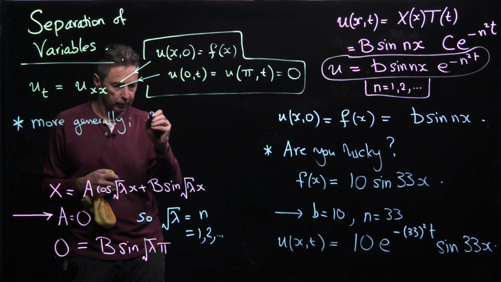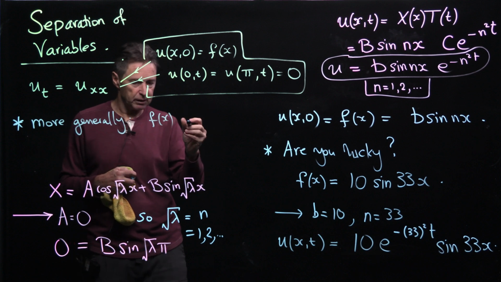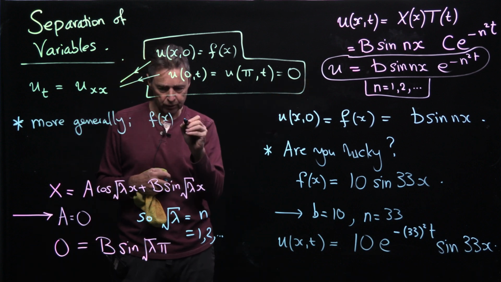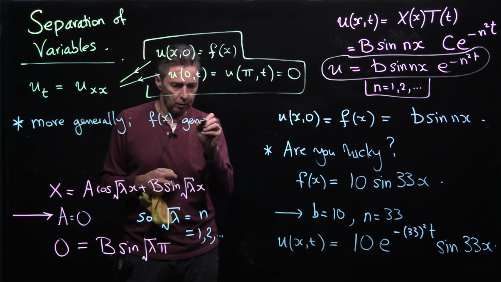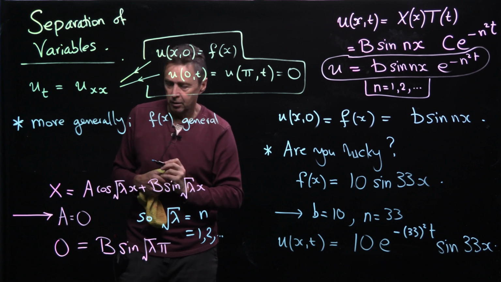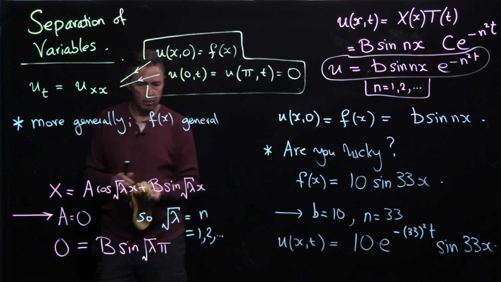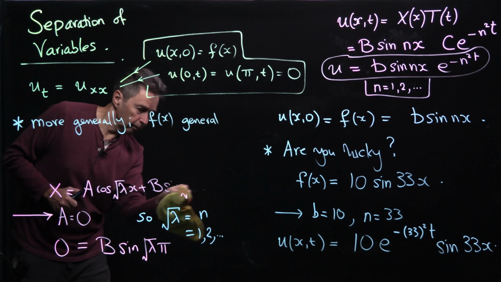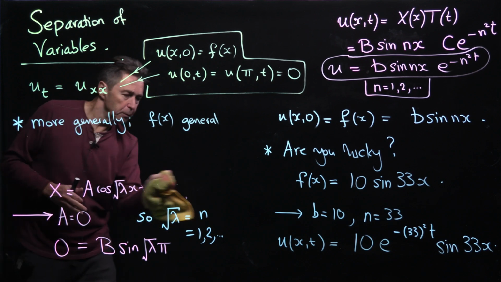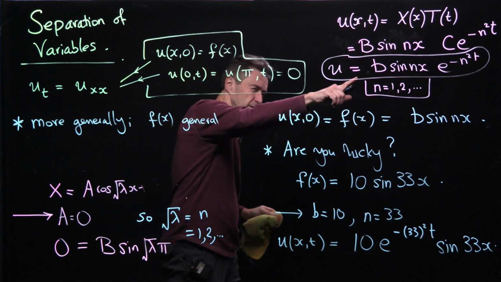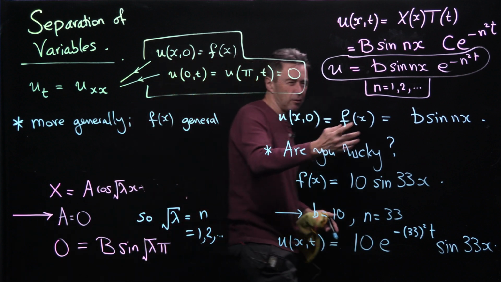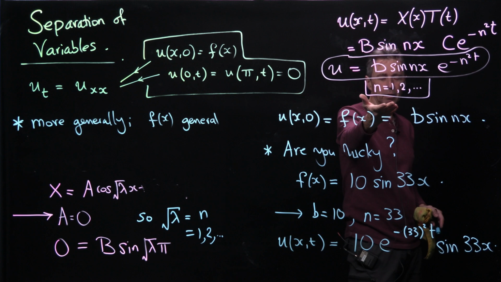And this is for a non-specific f, not one of the sine functions. So it's a more general f. I want to be as general as possible there. Well, I've got all of these n's to play with.